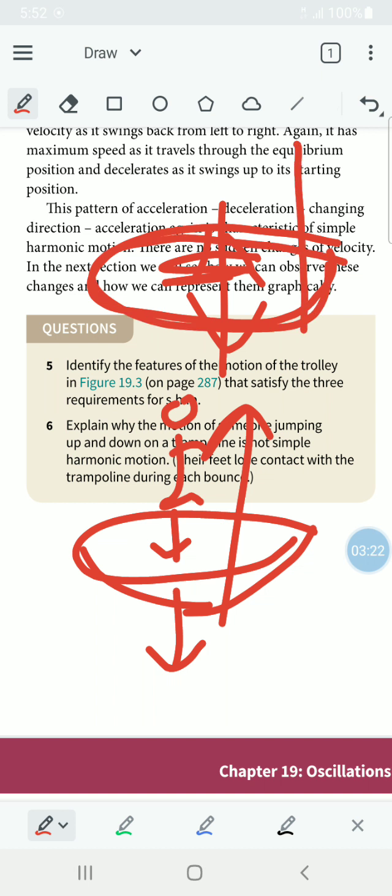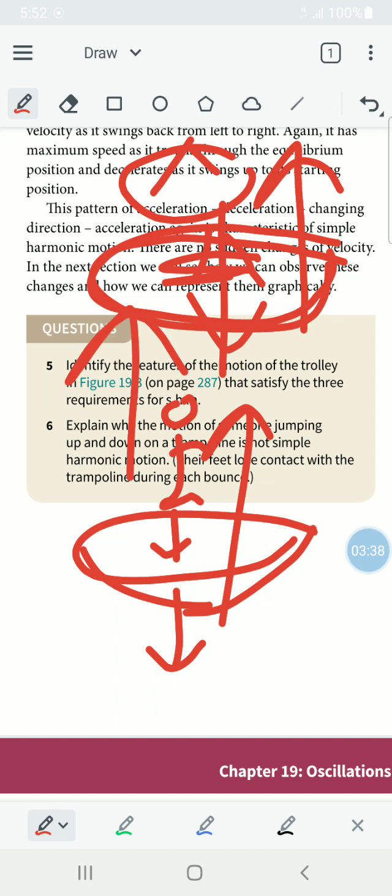But when he goes up into the air, the restoring force is only his weight, right? That is the restoring force, which is constant. When he is going upwards, it is not the weight that provides the restoring force. It is the tension that is created by the trampoline, right?